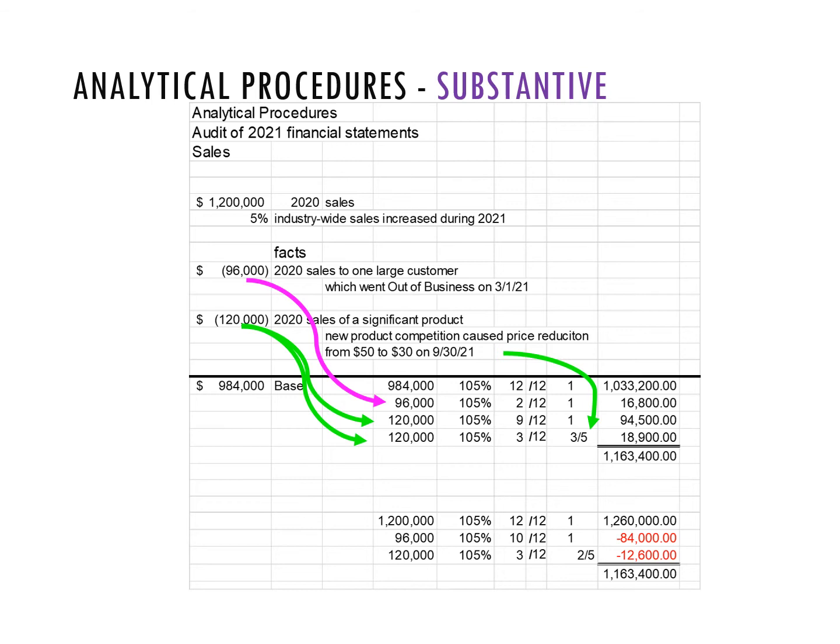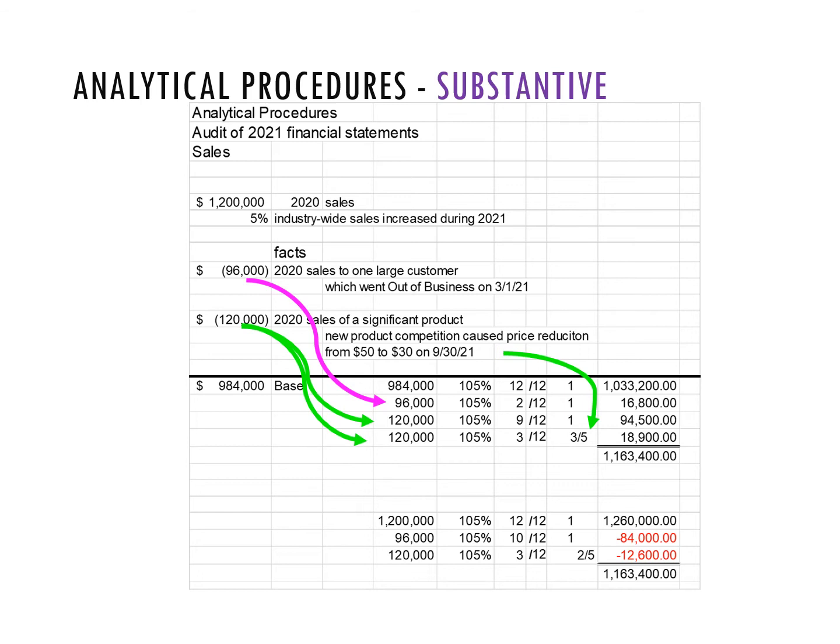In this example, the customer had sales last year of $1.2 million. Industry-wide sales increased during the year under audit by 5%. So in planning, we'd probably just add 5% and say, gosh, we'd expect sales to be about $1.26 million.